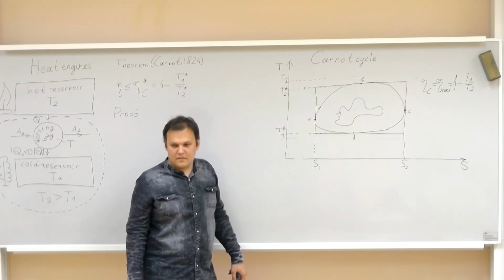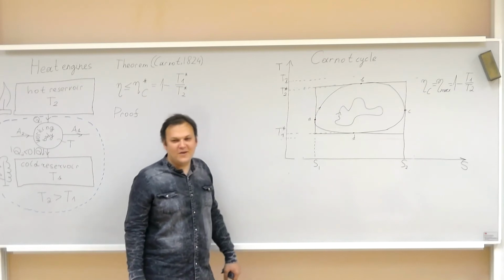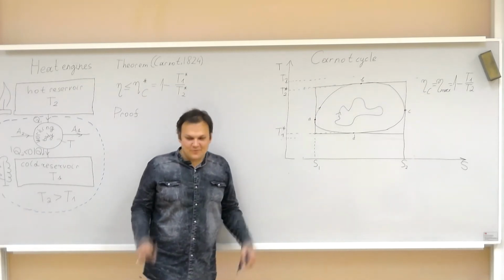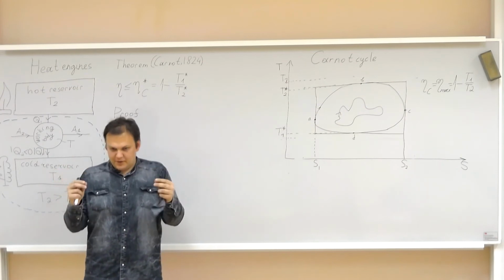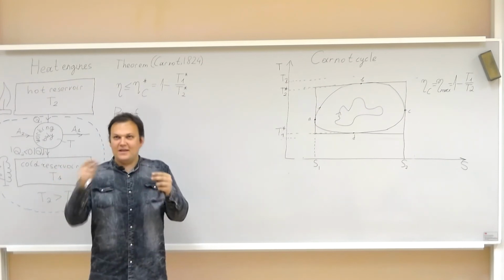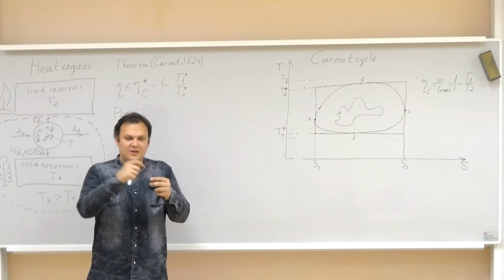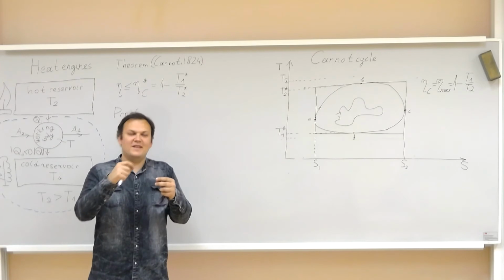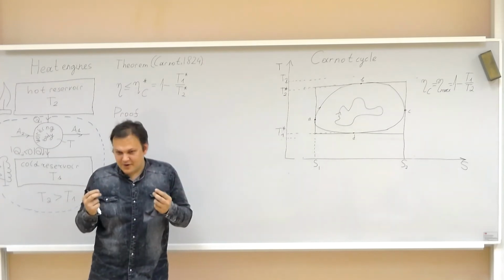Does the difference between these two differences go to the creation of work, or go to the cold reservoir? When we have interaction of two bodies with different temperatures, they just exchange their energy without producing work.